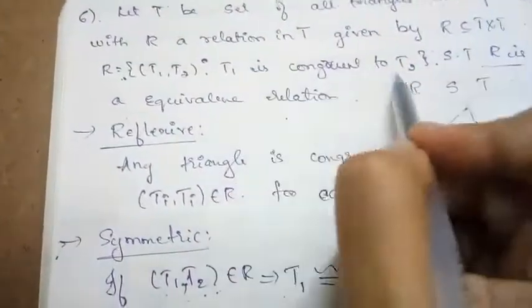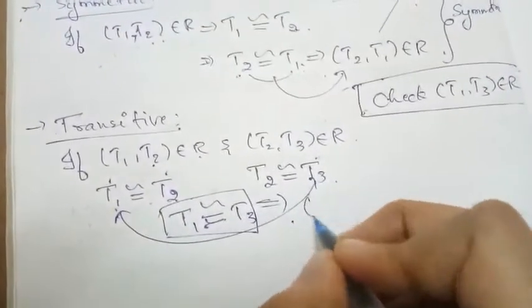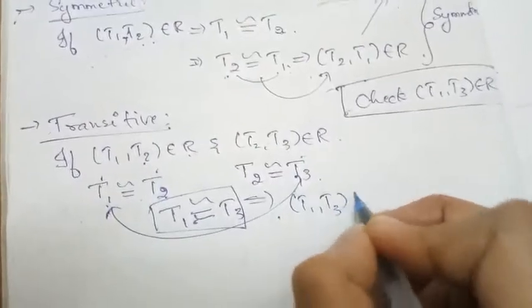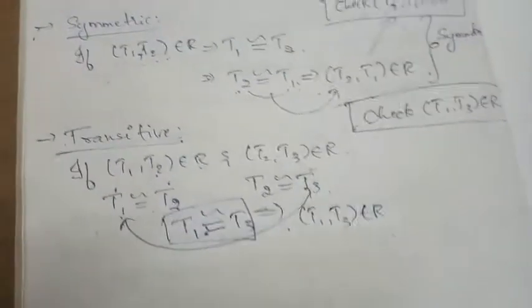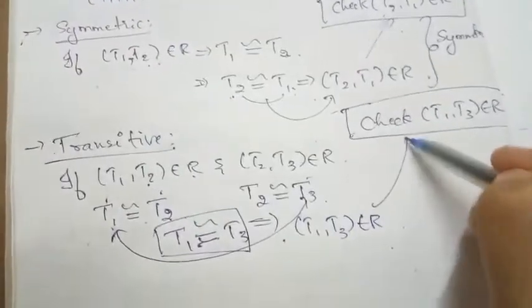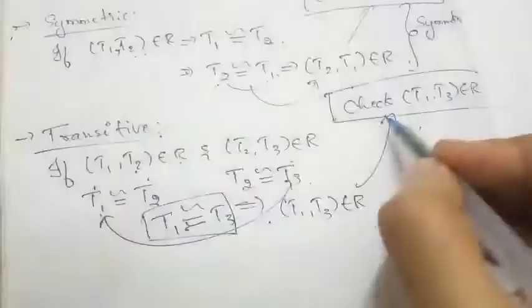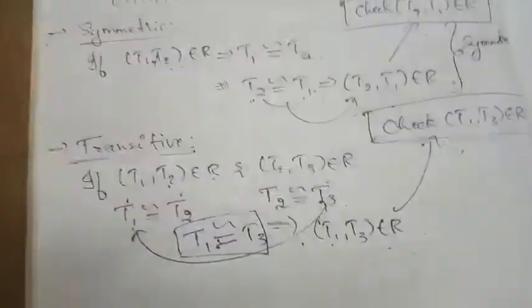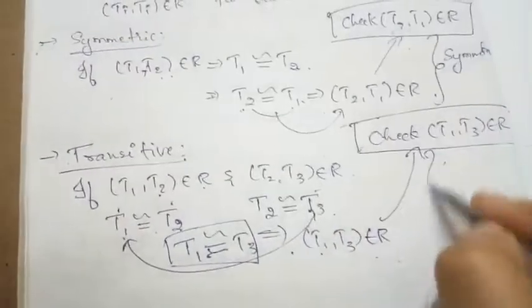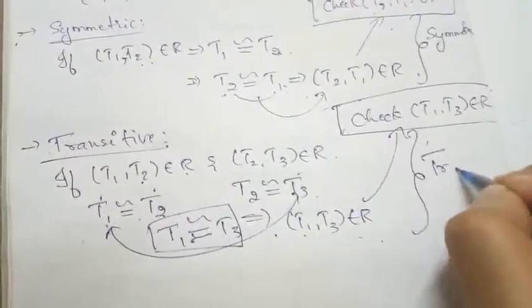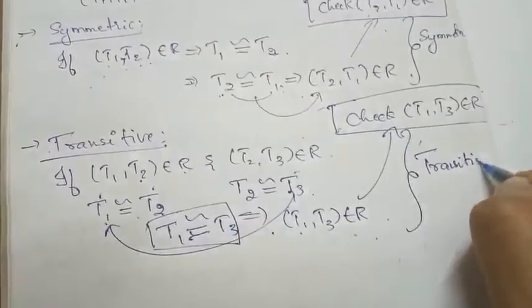If any two triangles are congruent, then the pair belongs to the relation. So (T1, T3) belongs to the relation, which is what we needed to check. According to our relation checking, (T1, T3) also belongs to R, so the relation is transitive also.